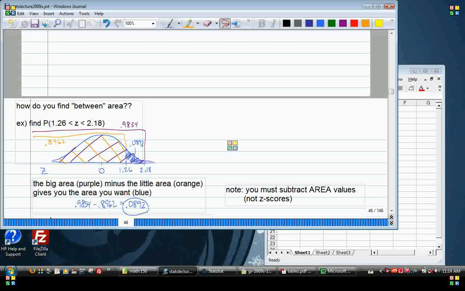So that would give you a z-score of 0.92. Does having a z-score of 0.92 help you do anything in this problem? No. A z-score of 0.92 has nothing to do with this problem at all. So subtracting z-scores is the wrong thing to do. Does that make sense? So again, subtract area values to find that between area.